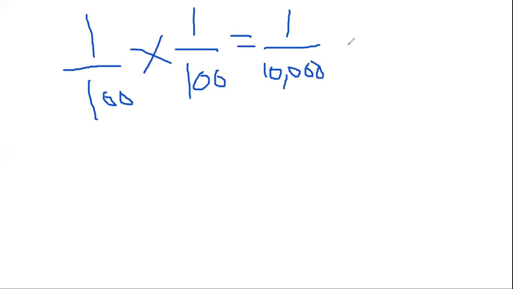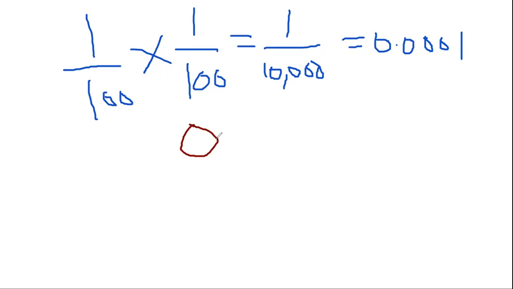That's 0.0001. So what this simply means is, if I have 0.0001 as a result of 1/100 times 1/100, that gives me a pip.